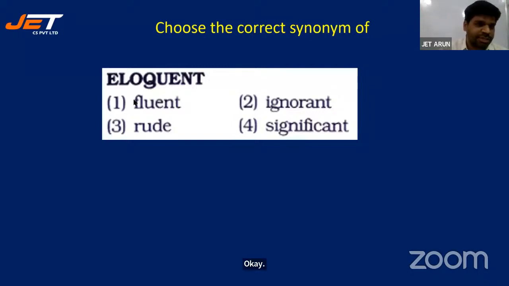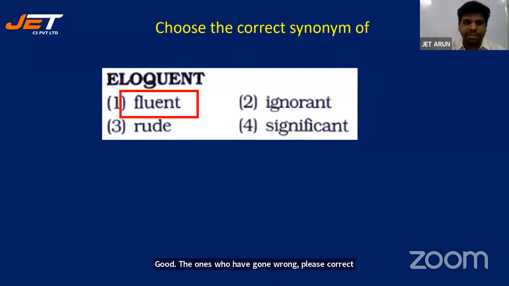Ashwin, Monica, Rakesh, Jyoti. You're all right. Good. Hardik. Gayatri is right. Saivardhan is right. Manasa is right. Good students, good. The ones who have gone wrong, please correct yourself tonight itself. It's fluent. Eloquent also means fluent.